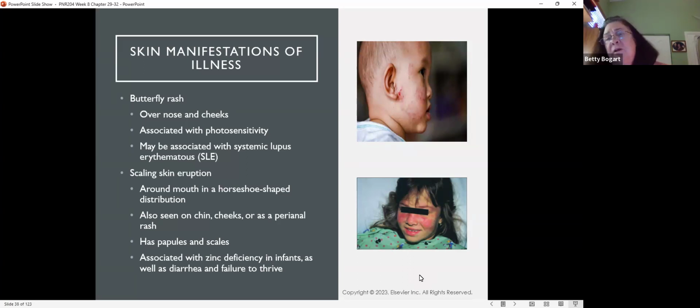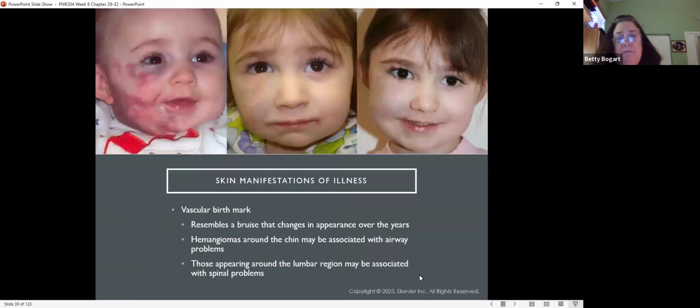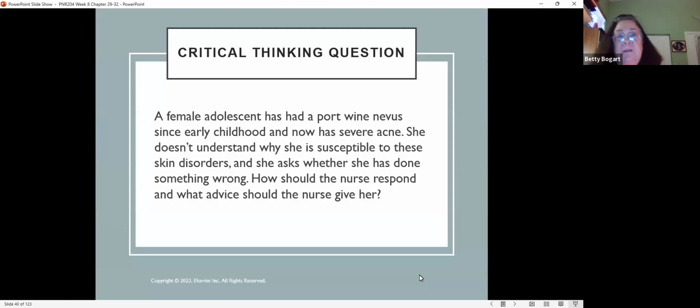Sometimes it's due to that overabundance of diarrhea, which is causing the skin to break down. A vascular birthmark. It's a bruise. It changes colors over the years, you know, and they will slowly get less and less. They're born with it, and it's a lot brighter.